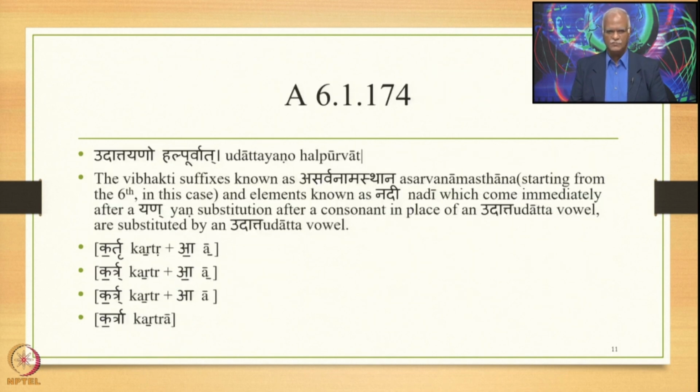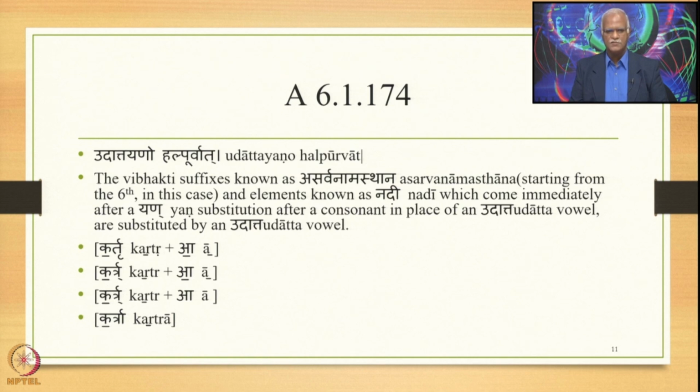Here is the sutra, Udatta Yano Halpurvat, 6.174, which plays a very crucial role in bringing about the accent in these forms. So the meaning of the sutra is stated over here.